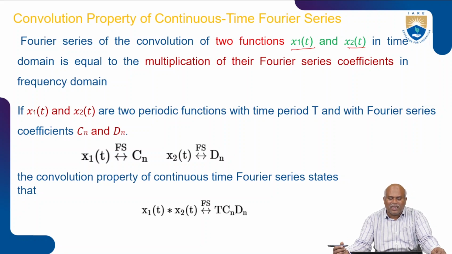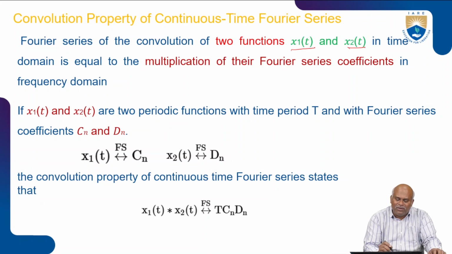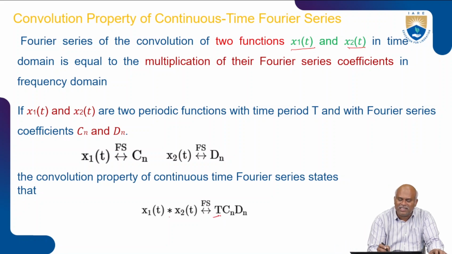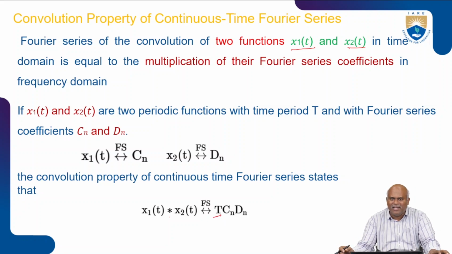Now, the convolution property of continuous time Fourier series states that x1 of t convolved with x2 of t has Fourier series coefficient capital T times c of n and d of n. So this T represents the fundamental period, multiplied by c of n and d of n. That means this is a multiplication.